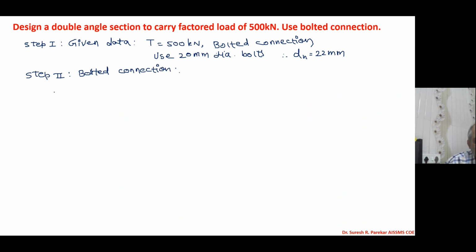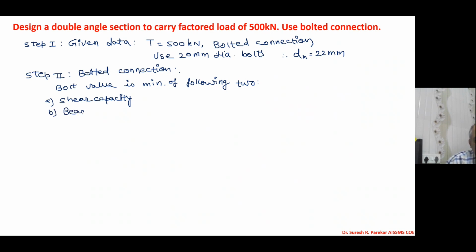In this, bolt value is the minimum of the following 2: first, A, shear capacity or shear strength, and B, bearing capacity or bearing strength.